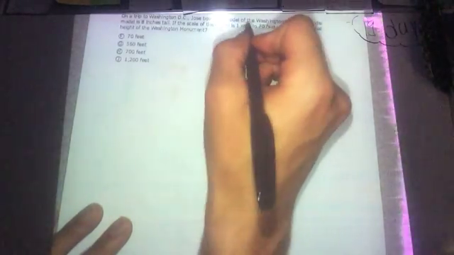Okay, the next problem I'd like you to do. On a trip to Washington, D.C., Jose bought a model of the Washington Monument. His model is 8 inches tall. And if the scale of the model is 1 inch to 70 feet, what is the height of the Washington Monument? So this is what I suggest. This can be 1 over 70, so it's going to be 1 inch over 70 feet.